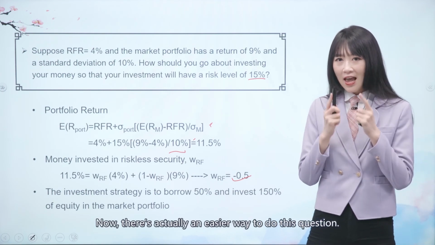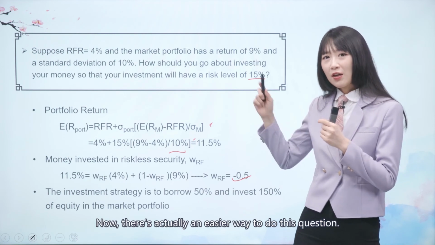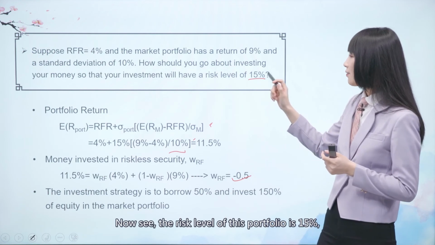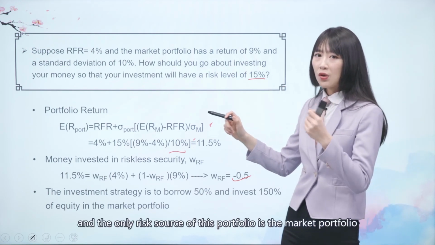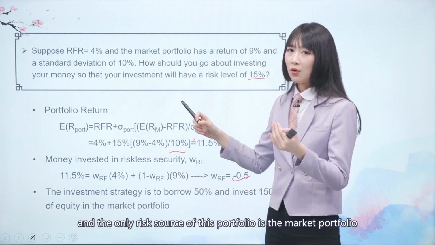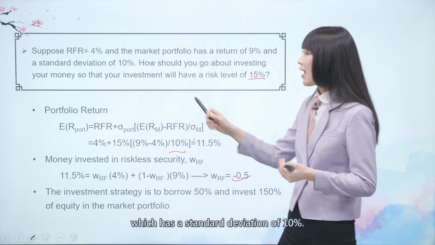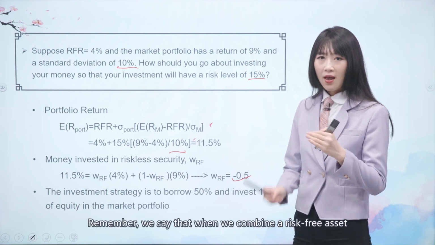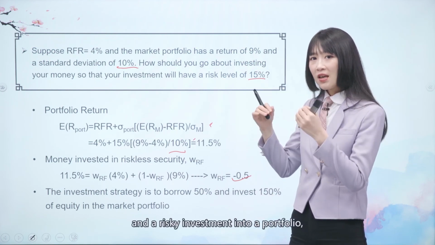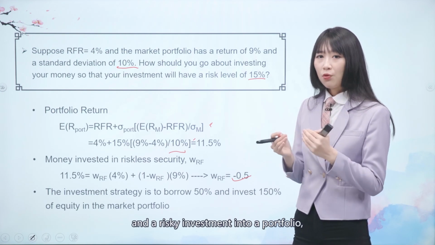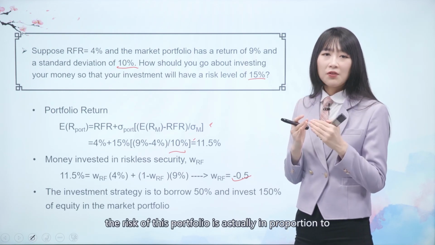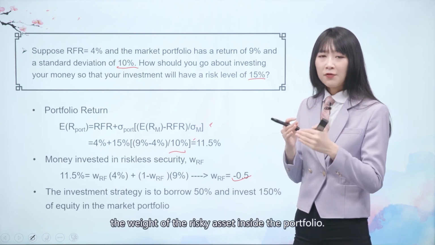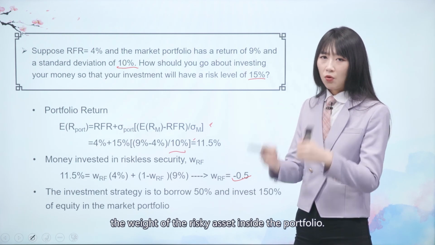Now, there's actually an easier way to do this question. See, the risk level of this portfolio is 15%, and the only risk source of this portfolio is the market portfolio, which has a standard deviation of 10%. Remember, we say that when we combine a risk-free asset and a risky investment into a portfolio, the risk of this portfolio is in proportion to the weight of the risky asset inside the portfolio.